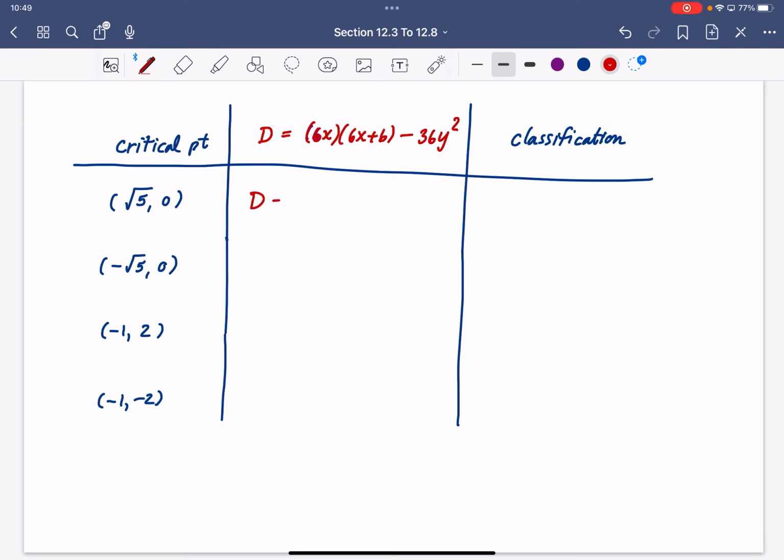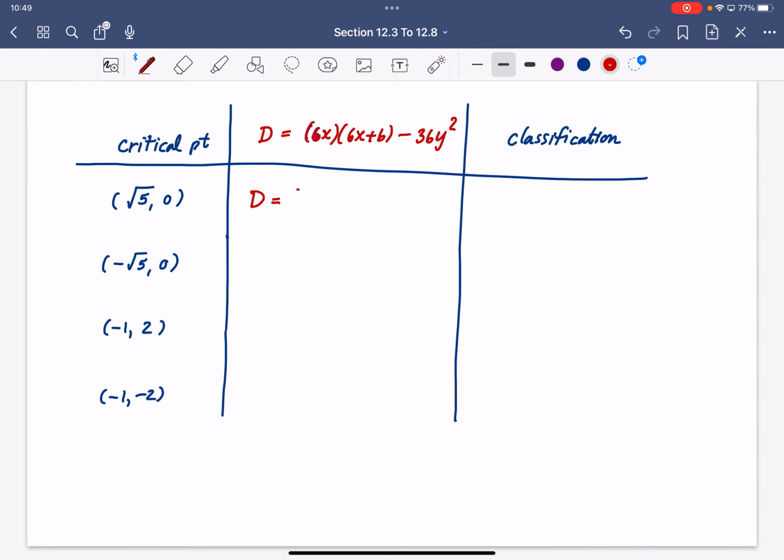So your D here, you plug in square root 5 and 0. Immediately you get 6 times square root 5 times 6 square root 5 plus 6. It doesn't matter what the number is, but you know that it's greater than 0. Here you have D as well. You plug in 6 times negative square root 5, so you get 6 times negative square root 5 plus 6, and then minus 0.